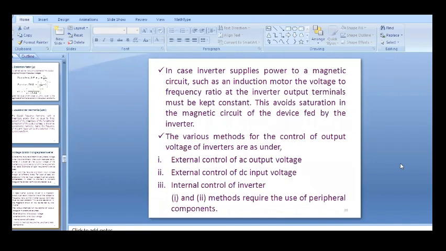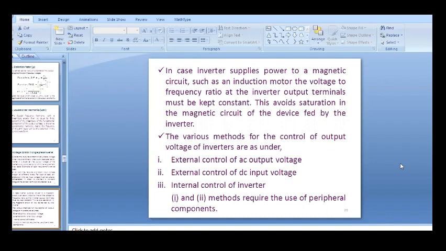And another thing is that in case any inverter supplies power to a magnetic circuit, such as an induction motor or other rotating machines, the voltage to frequency ratio at the inverter output terminals must be kept constant to avoid saturation in the magnetic circuit of the device fed by the inverter.